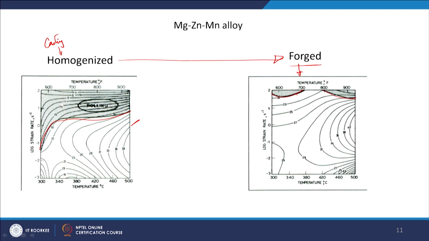So, later processing can now be done using this processing map. Okay. So, what we have done here is we have used the dynamic material model to develop processing maps. Okay. And using that understanding, and by knowing that these processing maps are able to predict the microstructural changes from the efficiency map and the instability map.